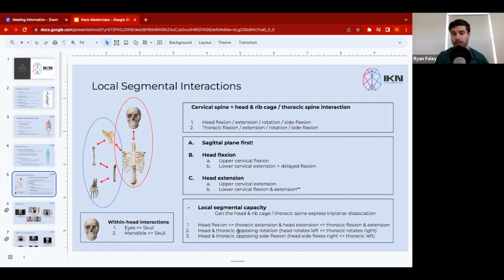When we look at it in the transverse plane, we want the head to be able to rotate in the opposing direction of the rib cage and thoracic spine. So can the head rotate to the right as the thoracic spine rotates to the left? When we look at the head-neck interactions in the frontal plane, we want the head to have the capacity to side bend without the scapula and rib cage elevating on the opposing side.